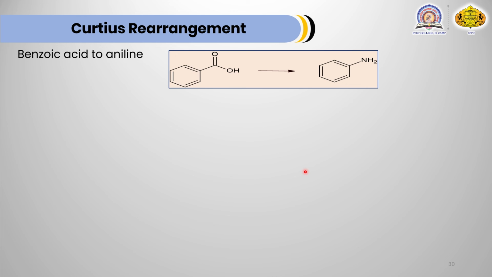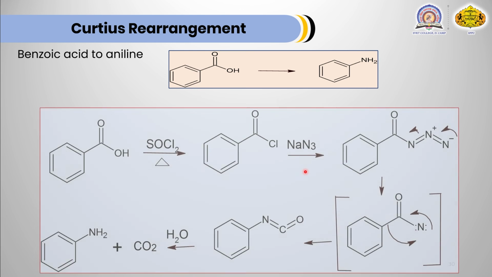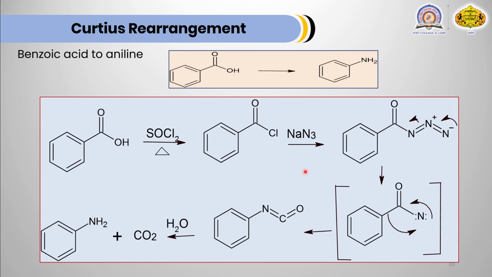This is the reaction in which benzoic acid is converted to aniline. Benzoic acid first of all reacts with thionyl chloride, and there is formation of the acyl chloride derivative of benzene. It reacts with sodium azide, and acyl azide is formed.